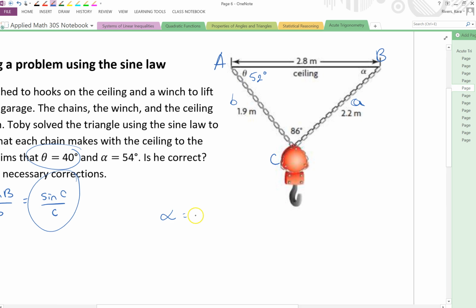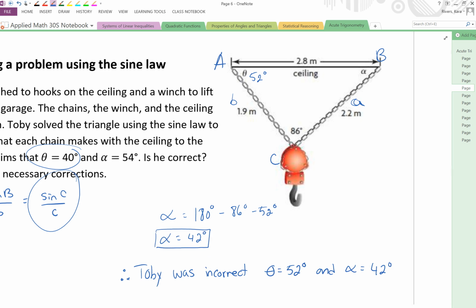So alpha is equal to 180 degrees minus 86 degrees minus 52 degrees. So alpha would be 42 degrees. We can just write a statement at the end explaining what we did, and our math is also going to support our answer there. Let's take a look at another example.